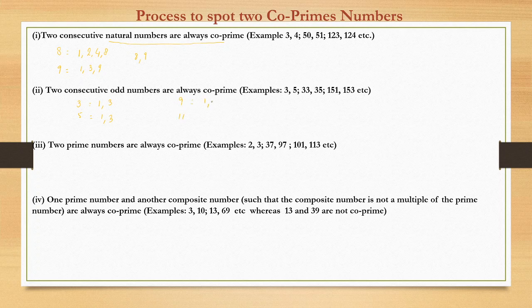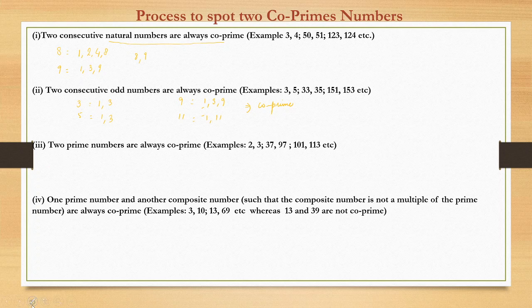For 9, it is 1, 3, 9. 11 being a prime number has only two factors, so the common factor between 9 and 11 is only 1, so therefore it is a co-prime pair. So this is a standard relation that two consecutive odd numbers are always co-prime.